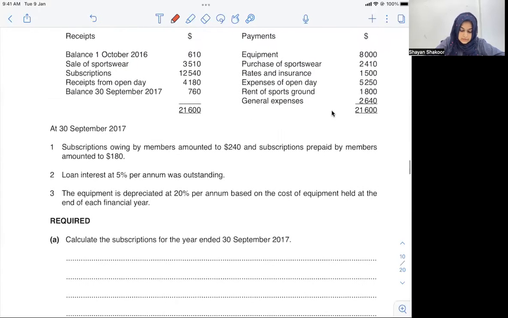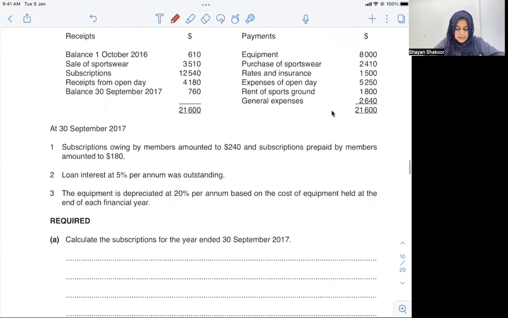So if you see, there is sale of sportswear. So we are selling sportswear and we're making profit out of it. So we're purchasing sportswear and we're selling it. So on the debit side, we have recorded the money that we've received from the sale of sportswear. And on the credit side, purchase of sportswear, so that means what we have paid for purchasing the sportswear.